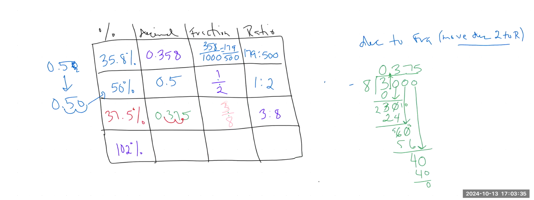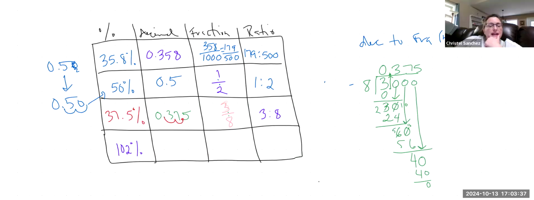Yep. All right, so now on the next one, we have our percentage. So when we go from percentage to decimal, we're just going to do the opposite of what I did right here, decimal to fraction. That's supposed to be decimal to percent. All right, so this one is just going to be the opposite, right? So percent to decimal, we're going to move 2 to the left.